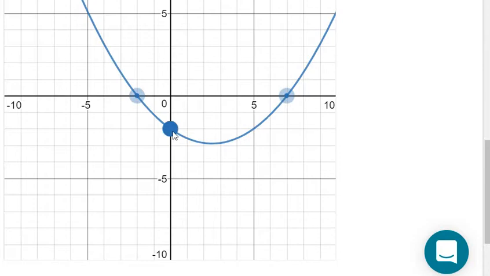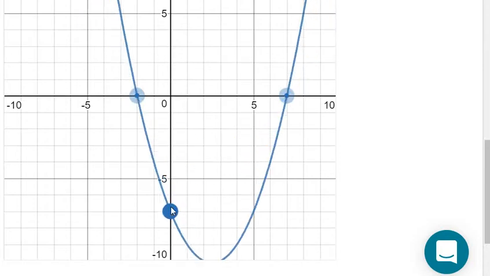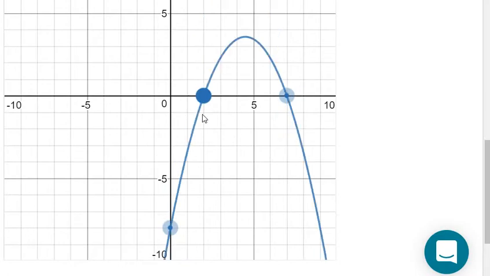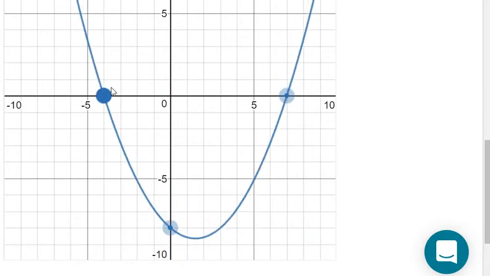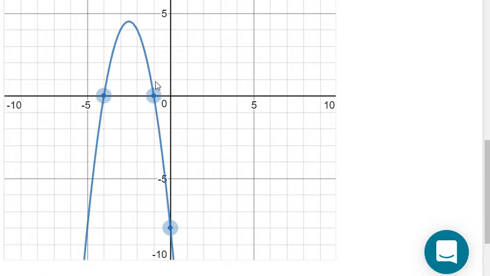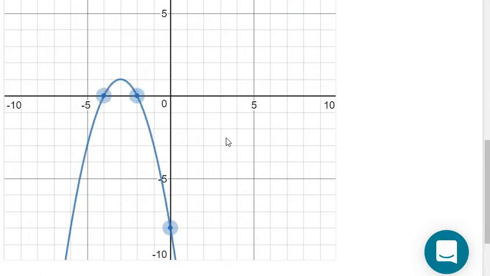So 0, negative 8. So that's going to be down here. And then I've got a couple X-intercepts. So I've got one at negative 2 and one at negative 4. So there's one at negative 4. Let's drag this one over here. And now it's at negative 2.